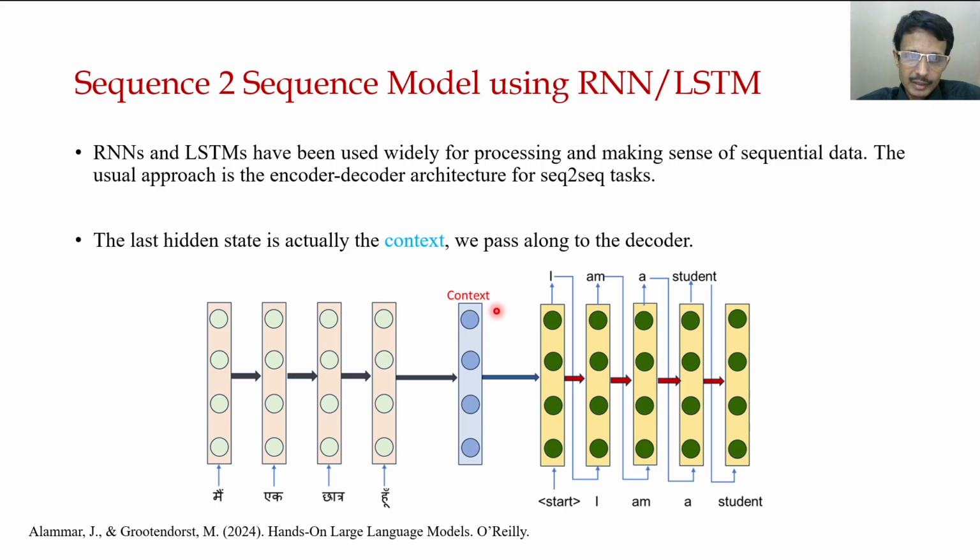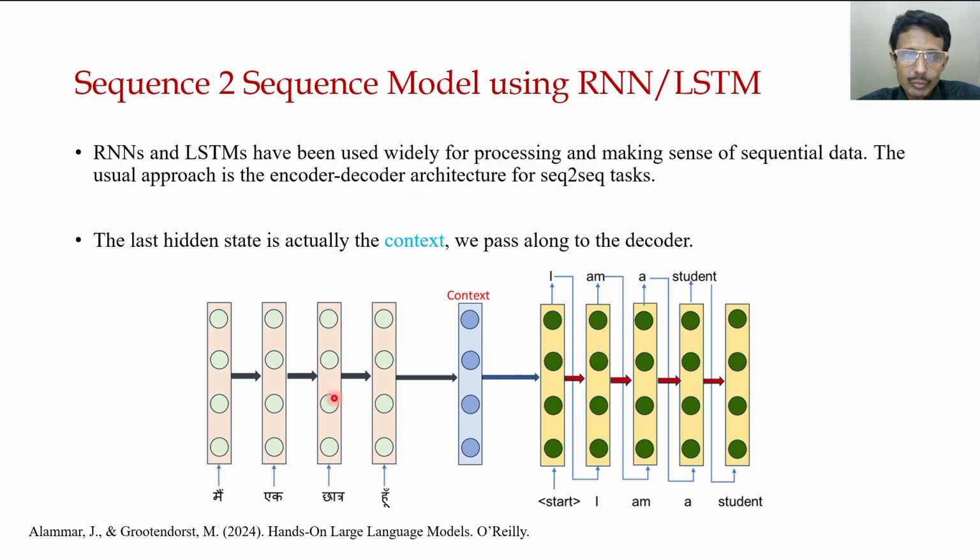Very simplistically, it is the meaning of the sentence, not exactly meaning, but at least some syntax or contextual relations that are understood by this context vector, and that is essentially the state input to this decoder.